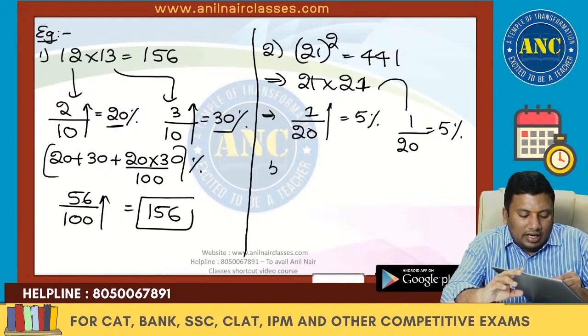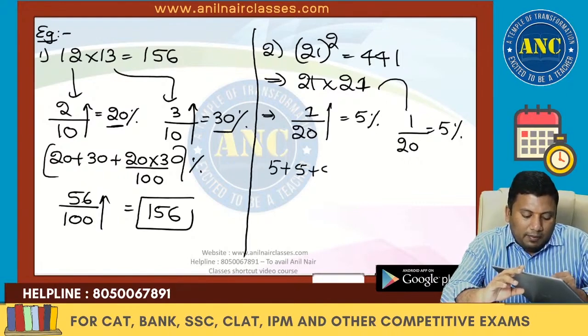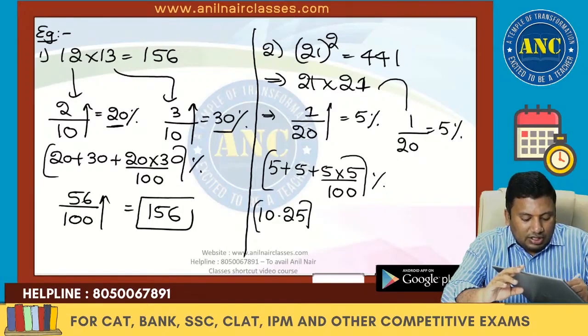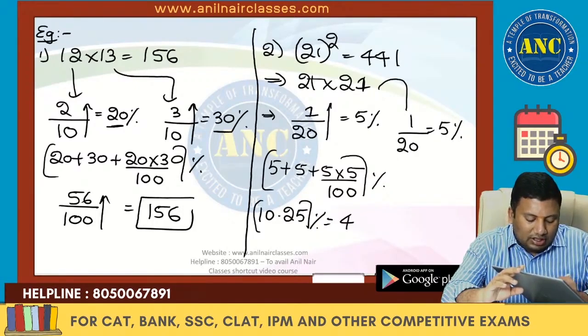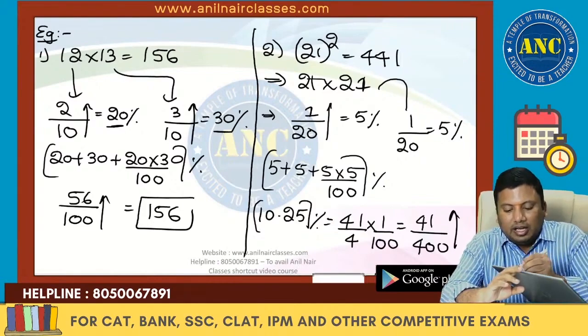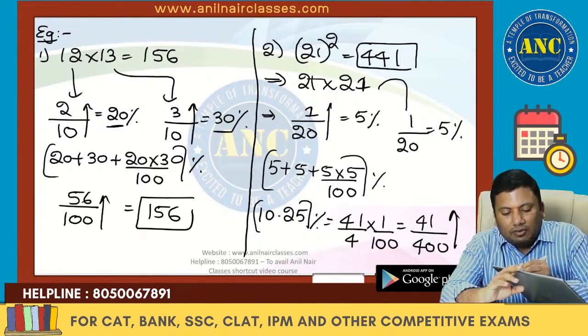So overall it is A plus B plus AB divided by 100, which is nothing but 10.25 percentage. 10.25 is nothing but 41 by 4, percentage is by 100, which is 41 by 400. On 400 an increase of 41, final value is 441.